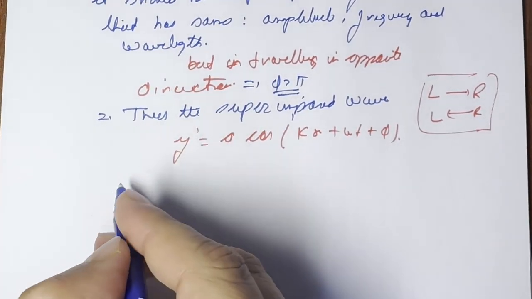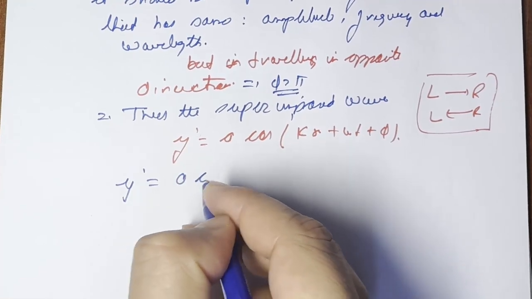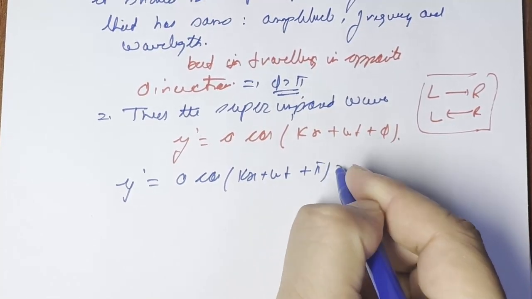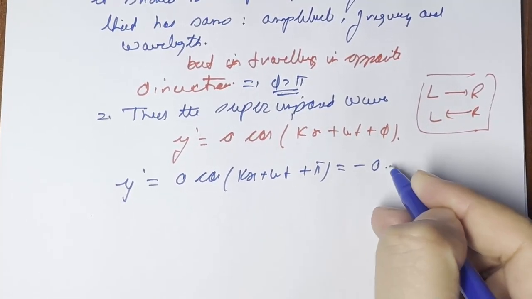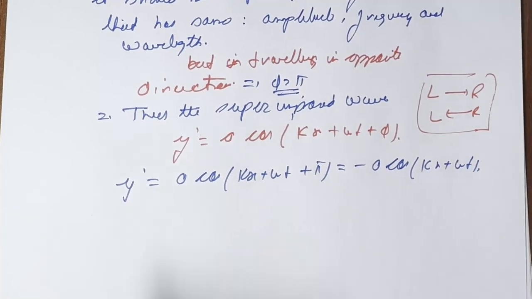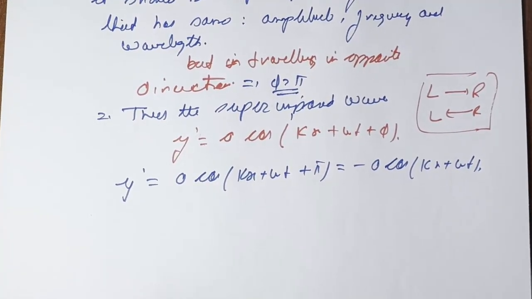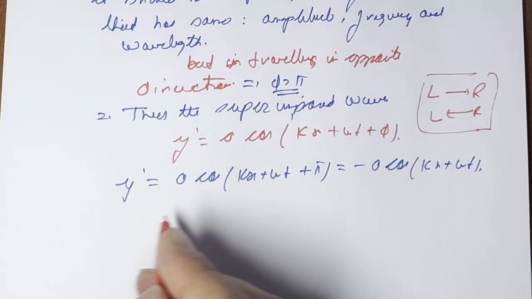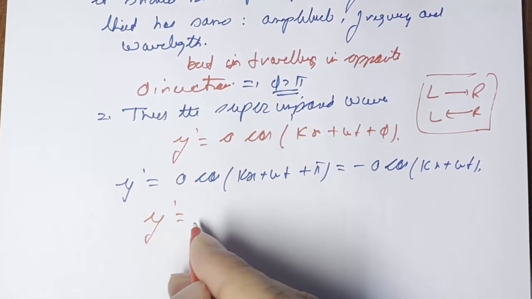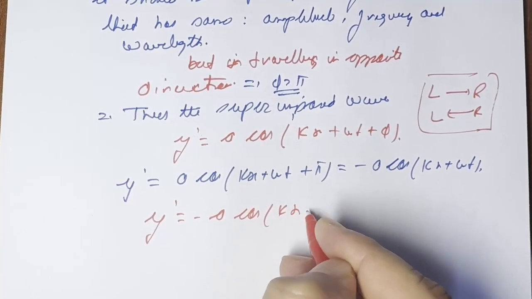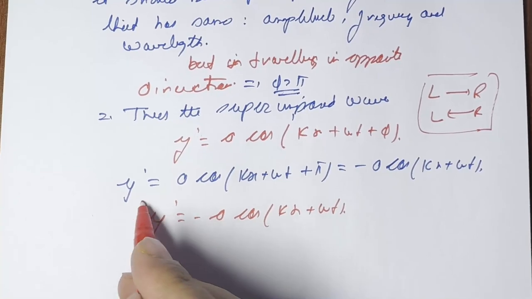We substitute here y prime is equal to a cos of kx plus omega t plus pi, and this will give us minus a cos of kx plus omega t.